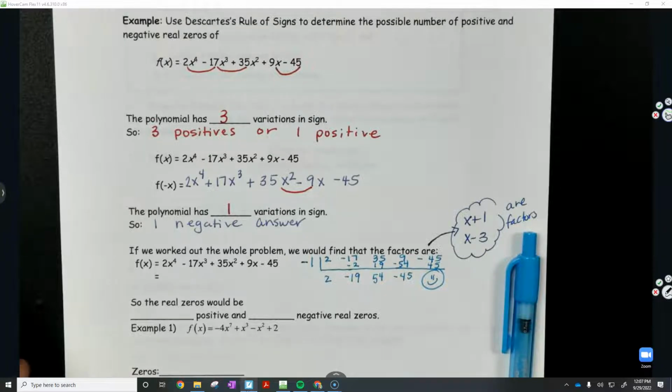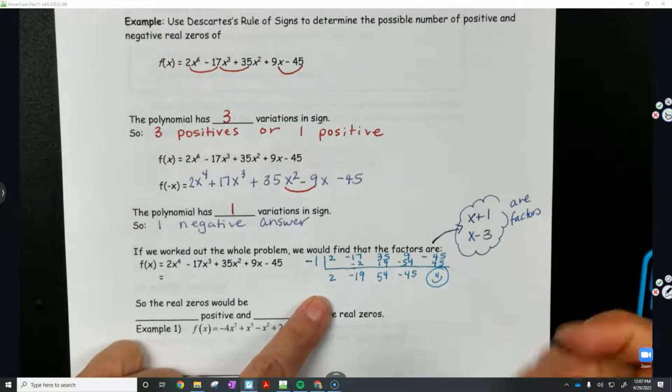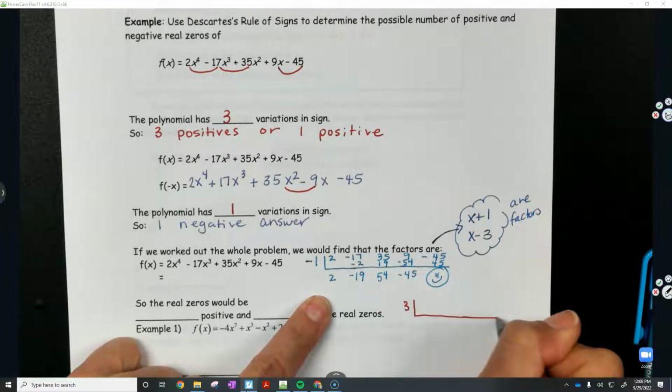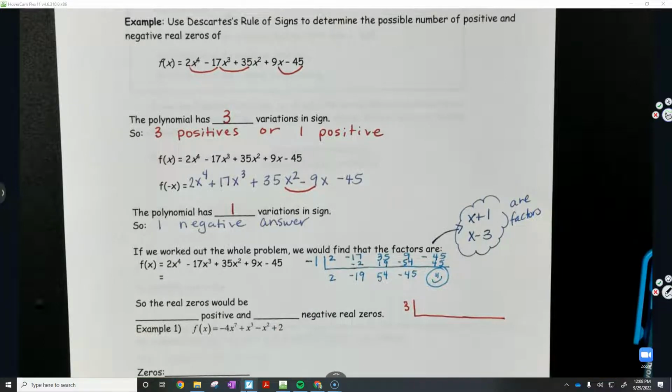So now, let's plug in a 3 and do synthetic with those brand new numbers. We should still get 0.